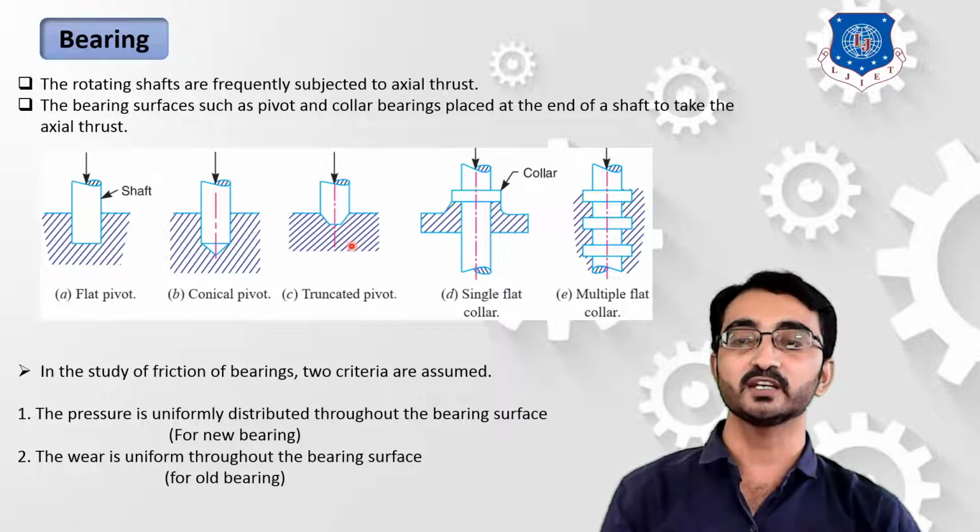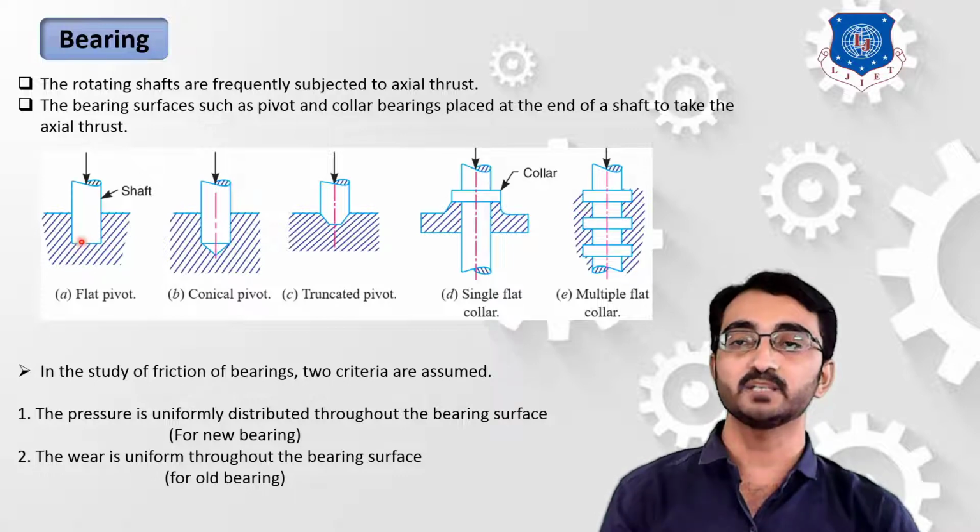But after use, when the bearing becomes old, the surface in contact between the shaft and bearing will lose some material. Due to wear, or removal of some particles, the pressure will not be uniform.